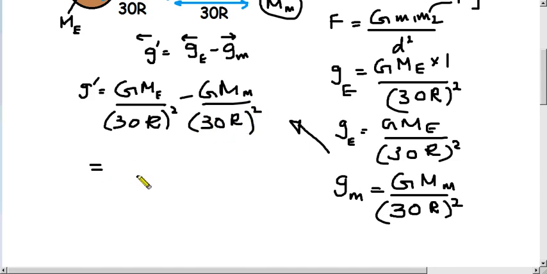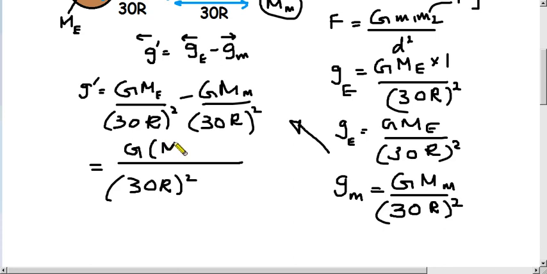G is common, we take it out of the bracket, then M earth minus M moon.